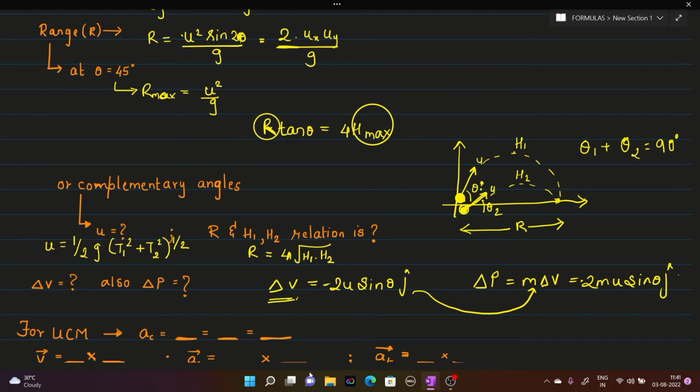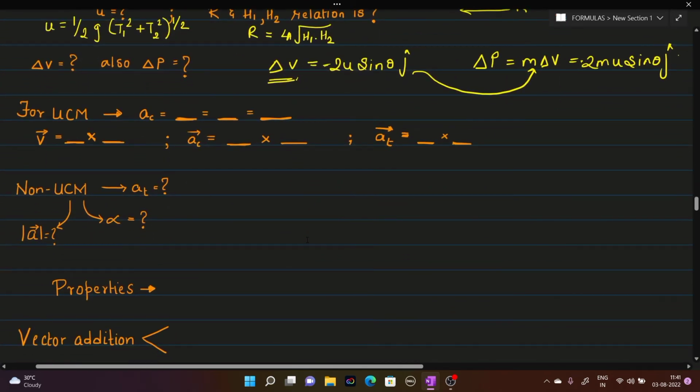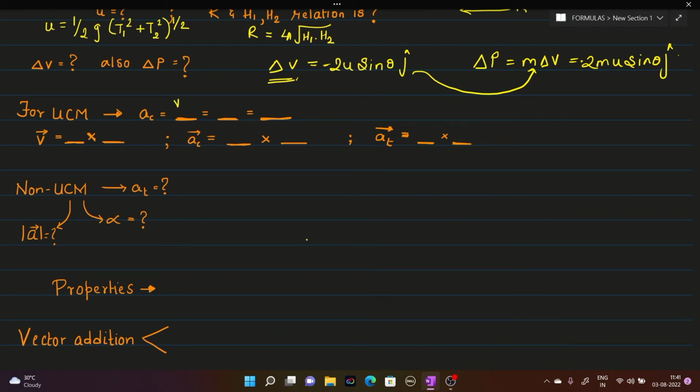Next is uniform circular motion. In uniform circular motion, first centripetal acceleration needs to be found out. For centripetal acceleration there are three formulas. First is v square divided by r, that is radius, or omega square into r, and last is omega multiplied by v.